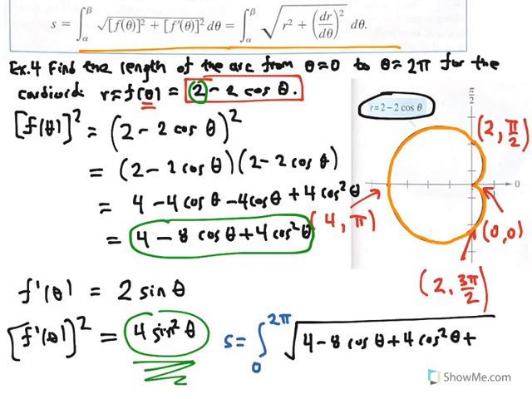So we have plus 4 sine squared theta, and of course you need to write d theta. I'm trying to fit it in here, d theta. Okay, so that's a d theta right there. So now we see what the integral is that will give us our arc length. And let's go ahead and work with that to evaluate it.